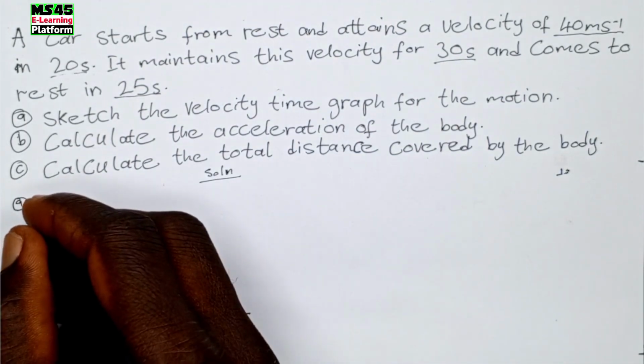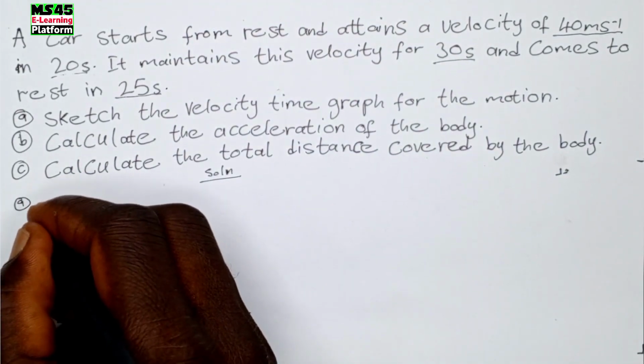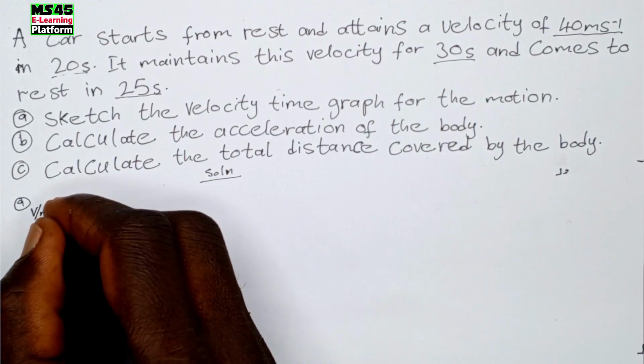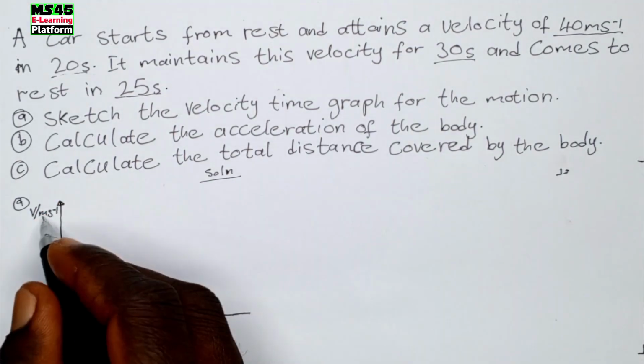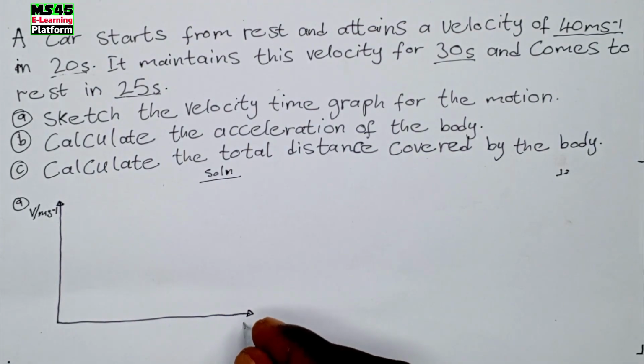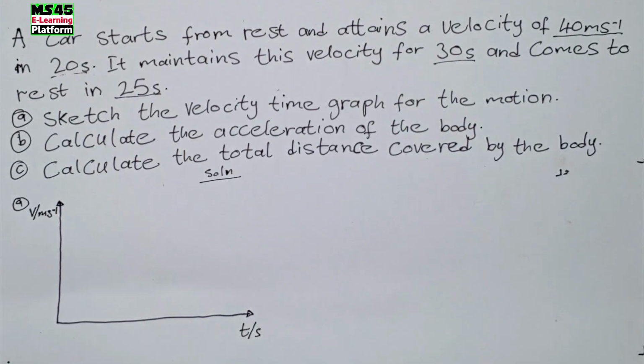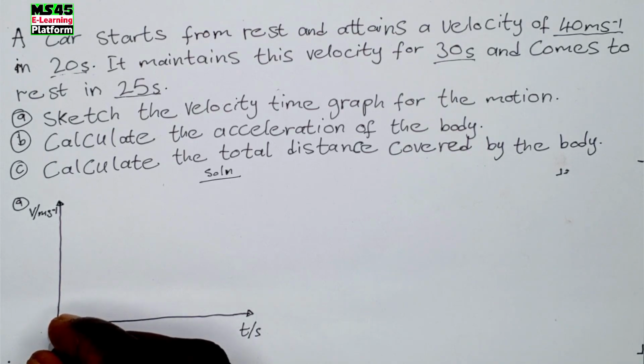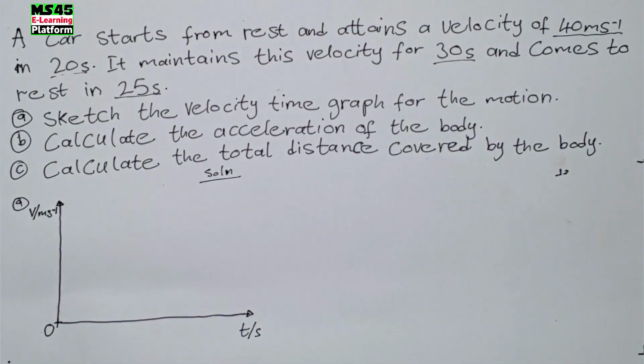For a velocity-time graph, the y-axis becomes the velocity, so you write your v and then bring the unit, meters per second. Please don't forget to bring the unit. And then our x-axis will be the time, that is t in seconds. And we know that here in the graph, t is equal to 0.